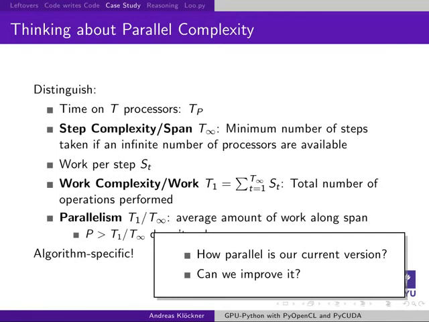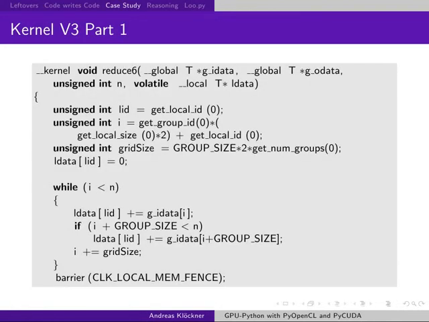In the last version, what we need to do is not just load one thing up here. Those are just index computations. So instead of just loading one, we load a bunch of items until we run out of space, until we've reached the end of the array, in a loop, and then we reduce these already summed up things.